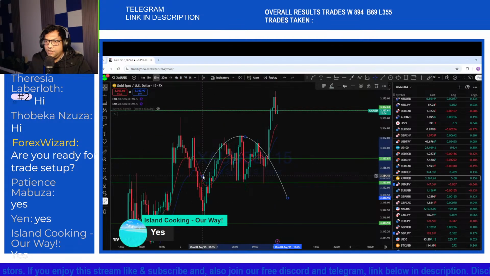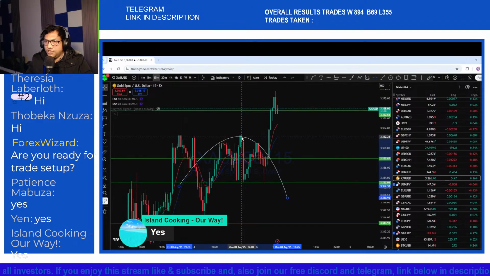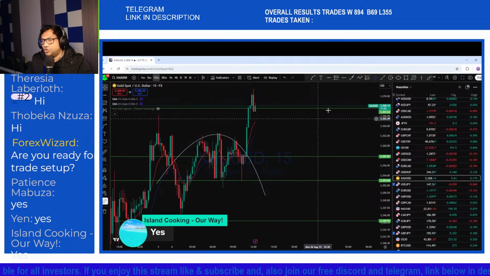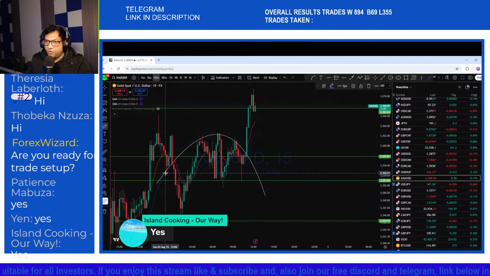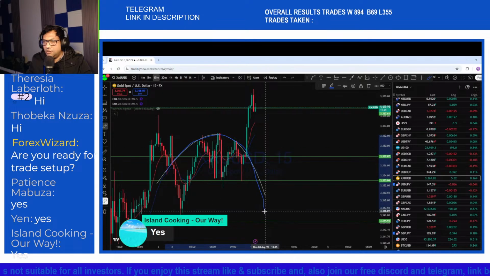This is a semicircular structure formation. If you look closely, you can see that this semicircular structure starts from here and went through this level.